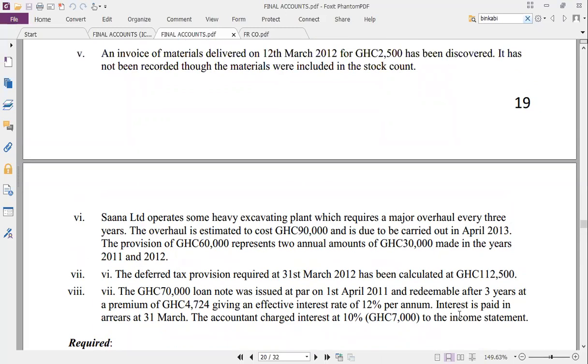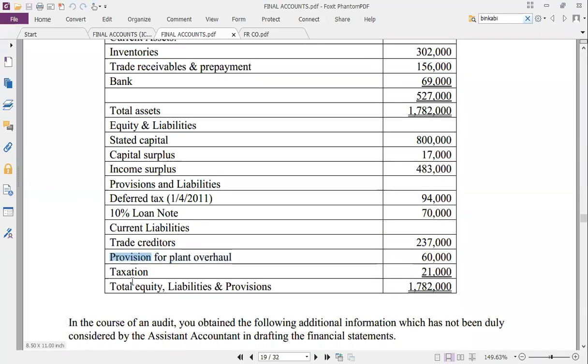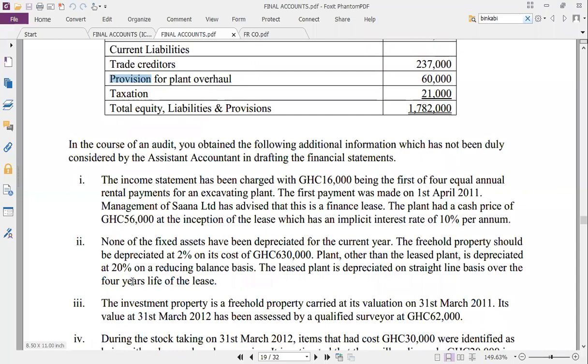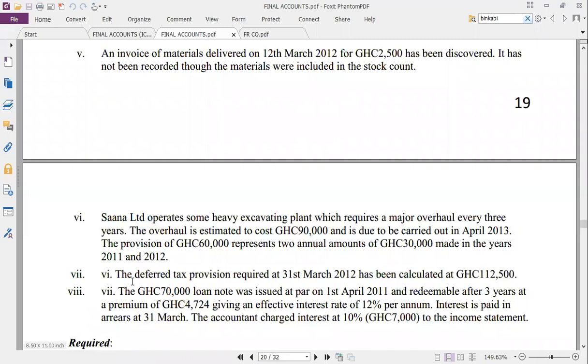Let's go to the financial statement. Provision for plant overhaul 60,000. It's a credit of 60,000 here. Let's see how best we can do it. Overall, this is IAS 16 and IAS 37. The overhaul is estimated to cost 90,000 and it is due to be carried out in April 2013.